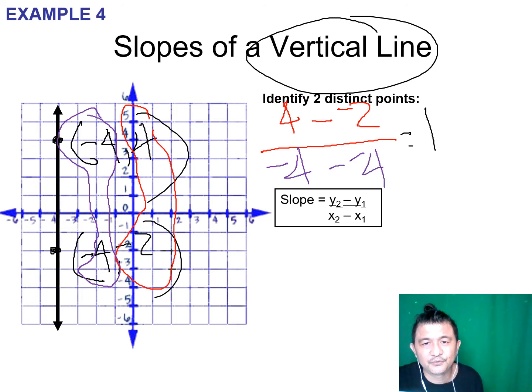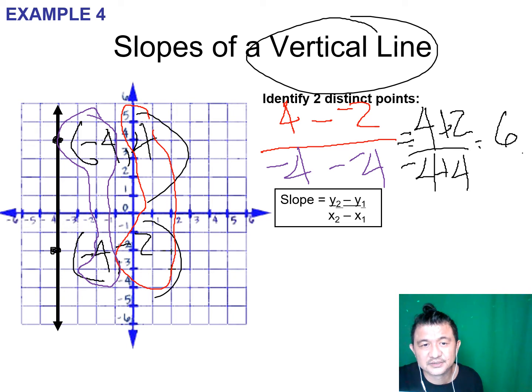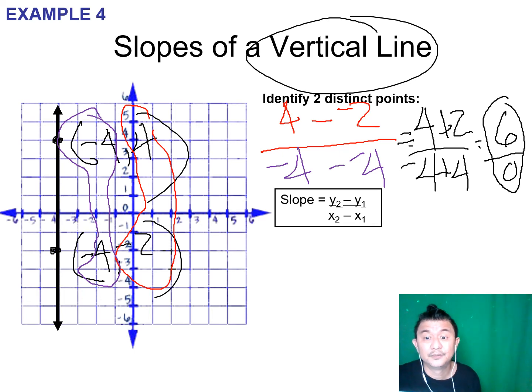That becomes 4 plus 2. Let's just write the partial work. Negative 4 plus 4. All right. 4 plus 2 is 6. 6 and negative 4 plus positive 4 is a 0. Whoa. The bottom is a 0. And guess what? Any number divided by 0 is called undefined.